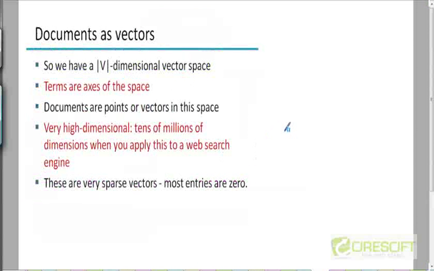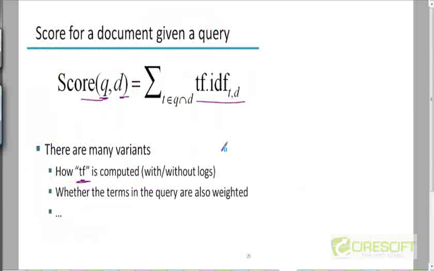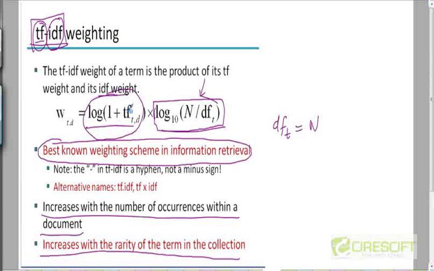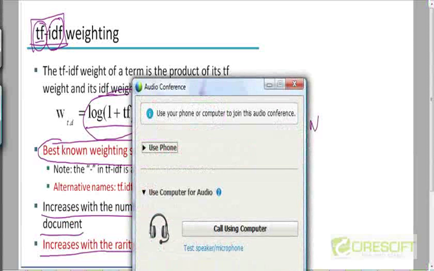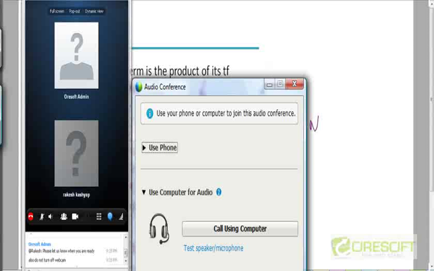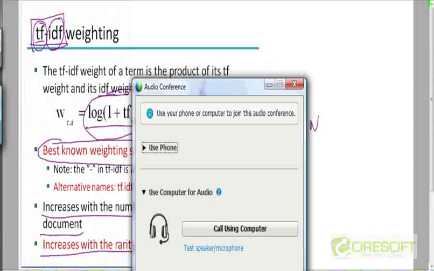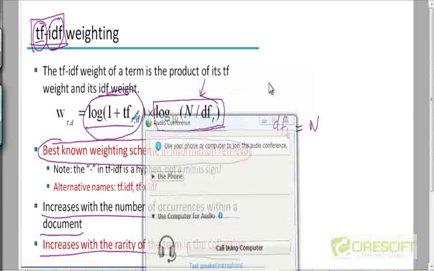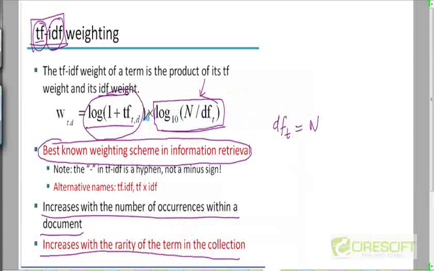This is something you may just want to note: the TF score depends on both the term and the document. So for a given term and a given document, there is a term frequency.